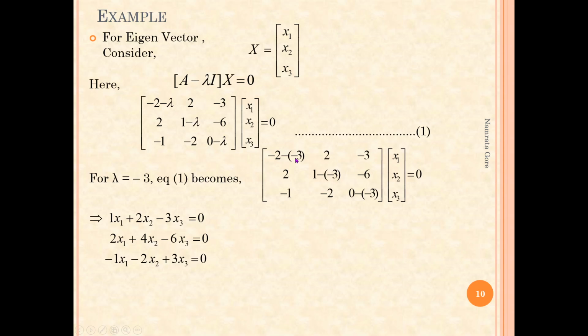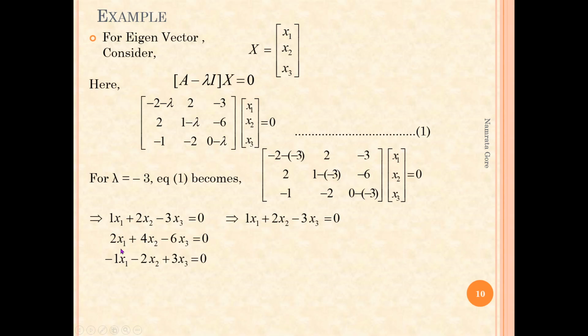This is -2 plus 3, that is 1x1, 2x2 minus 3x3, then 2x1, 1 minus -3 is 4, so 4x2 minus 6x3, minus x1 minus 2x2 plus 3x3. So these 3 equations we get. Now these 3 equations are one and the same.